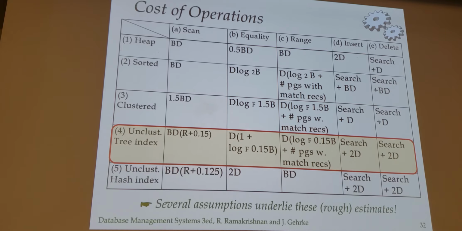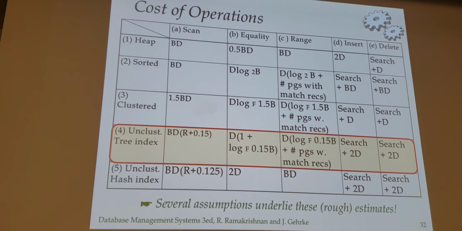How many levels are there in the index? F or f over 2, I'm not going to worry about the constant stuff there. Why is the log to the base f of 0.15b there? Why is the 1 there? Not everybody at once, please.